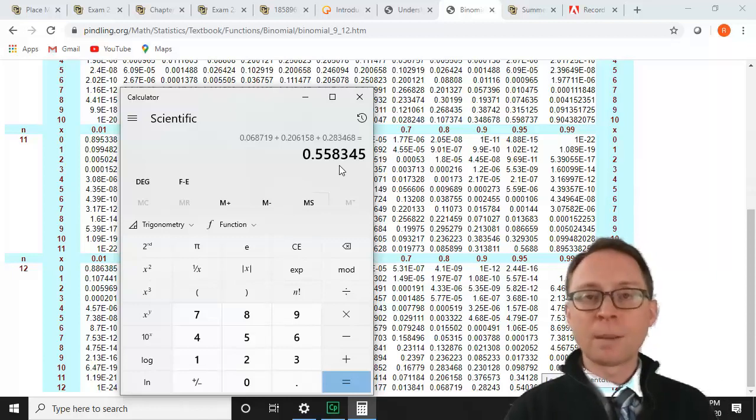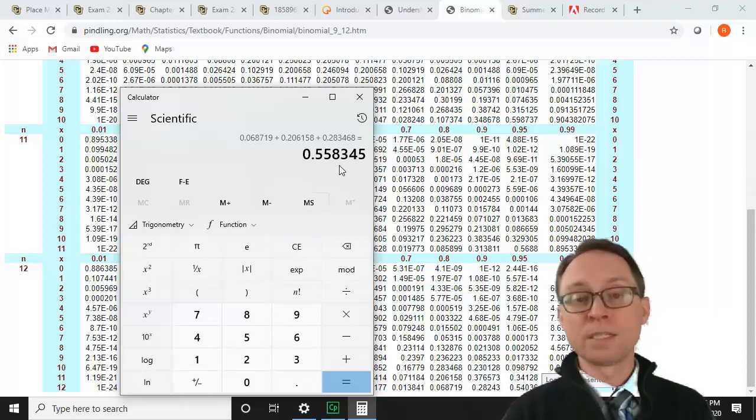If that is the case, then my test with 10 people has a 55.83, so close to a 56% chance of actually working. So the power is 0.558345. That is the probability of me being able to say my love potion works when it actually does. It's only a 56% chance of happening.